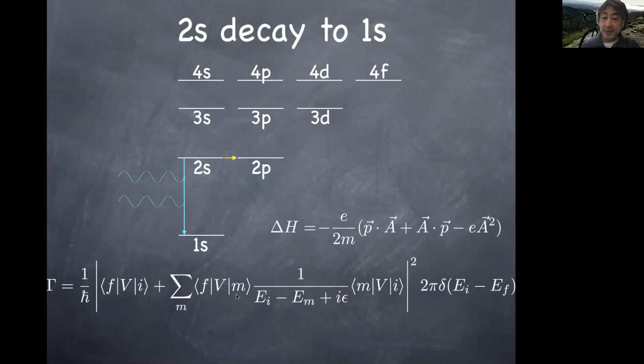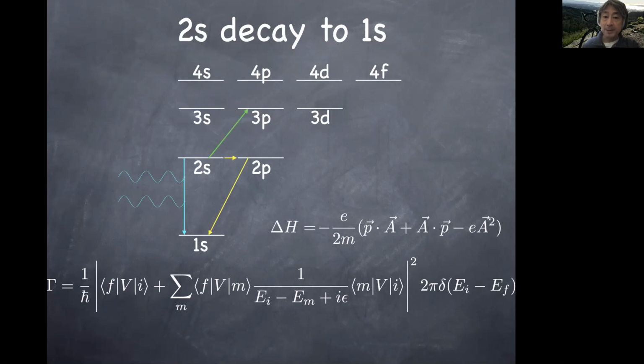So this intermediate state m should have L equal 1 from the selection rule. And the lowest energy state that will satisfy the selection rule will be 2p. So this transition is from the initial state 2s, using this dipole operator to go to 2p, with energy denominator of the 2p state, and another dipole transition to go to 1s.